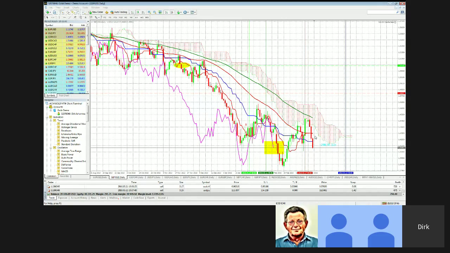That's the red line there crossing from above down. I'd prefer to wait for those signals because it's most likely going to set the Chiku span in a better position. Remember, you guys should have noticed at this point that the Chiku is the one that carries the most weight in terms of our decisions, whether we're going to get in or not, because it is a good signal to look at.